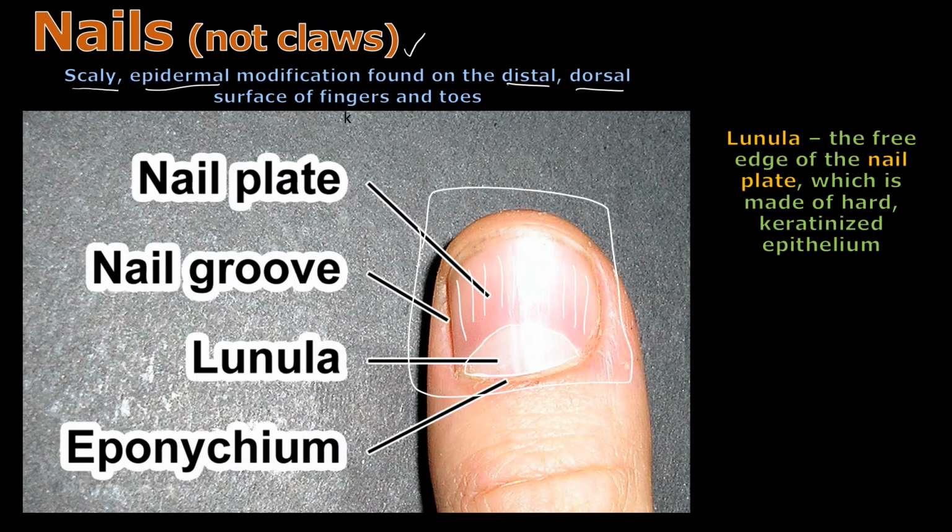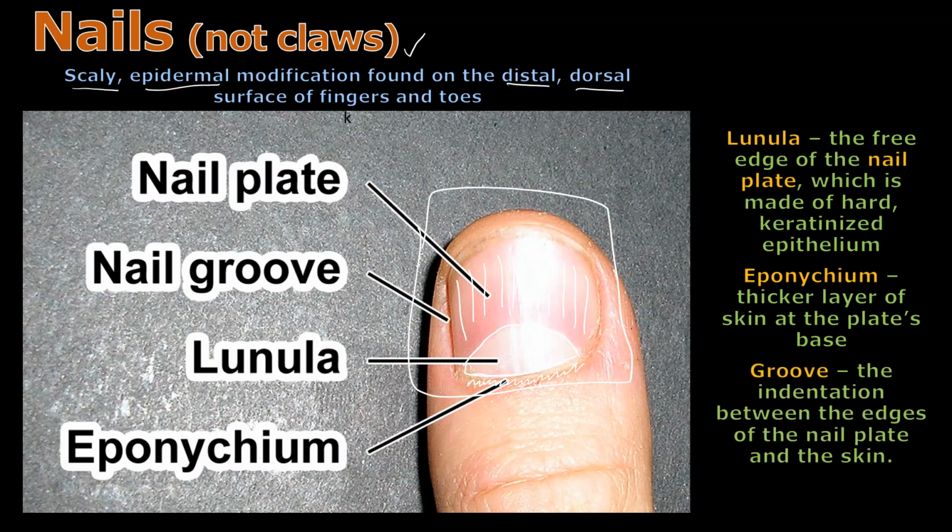The lunule is just the free edge of the nail plate. The eponychium is this skin here at the base of the nail plate that thickens and allows it to set in place. And then on the sides of the nail, we have what's called the nail groove, where it pushes into the skin at the boundary of the nail plate and the skin.